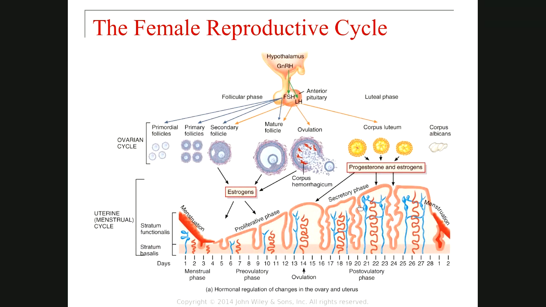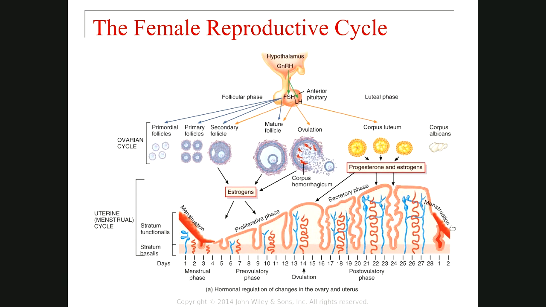These changes peak about 1 week after ovulation, at the time a fertilized ovum might arrive in the uterus. If fertilization doesn't occur, the levels of progesterone and estrogen decline due to degeneration of the corpus luteum, and when these hormones decline, again we have menstruation.